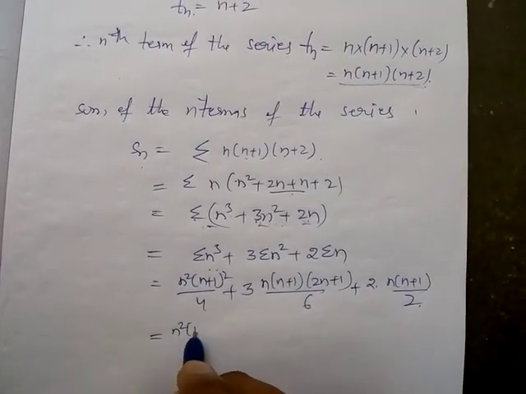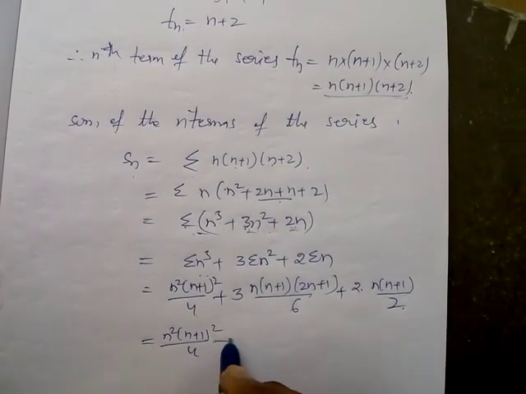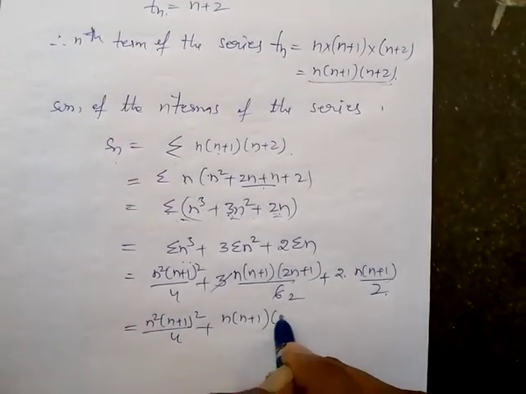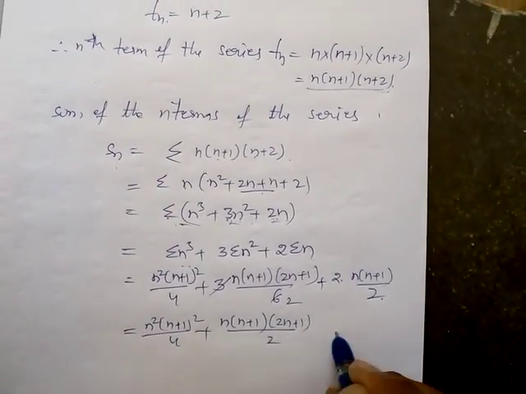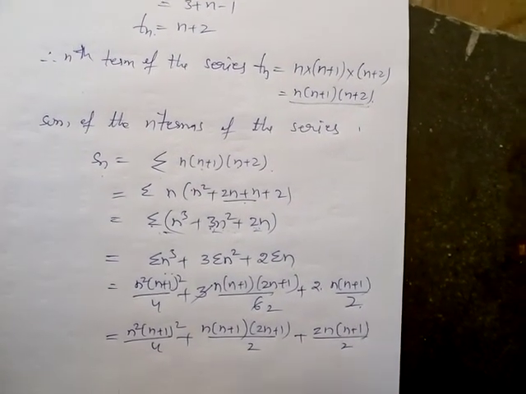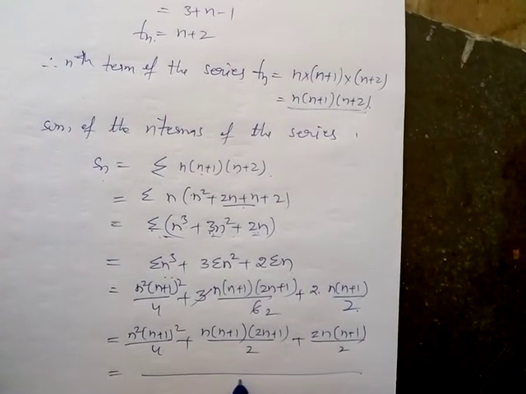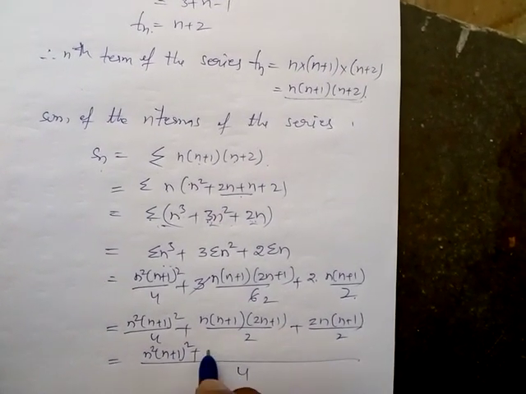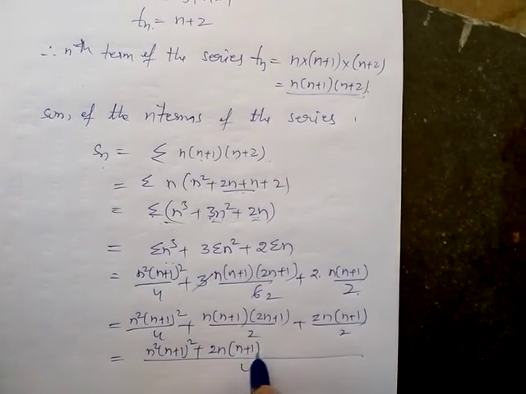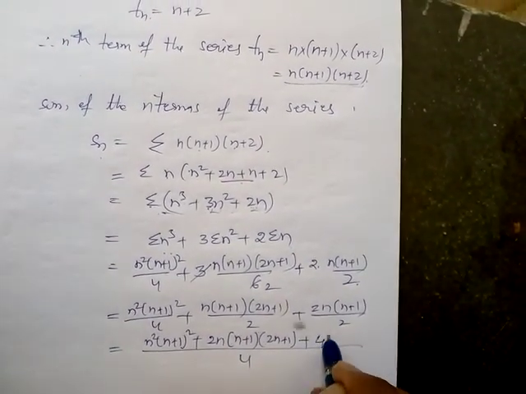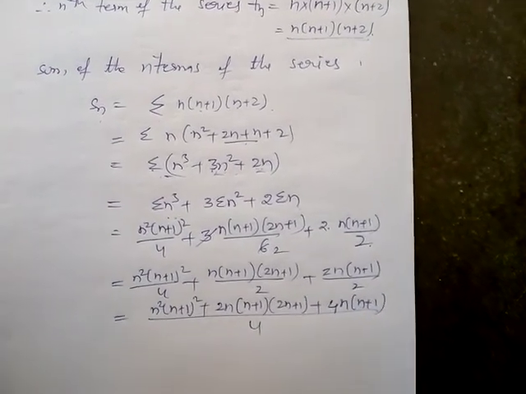So n square into n plus 1 whole square by 4, plus n into n plus 1 into 2n plus 1 by 2, plus 2n into n plus 1 by 2. So the LCM is 4: n square into n plus 1 whole square, plus 2n of n plus 1 into 2n plus 1, plus 4n of n plus 1.